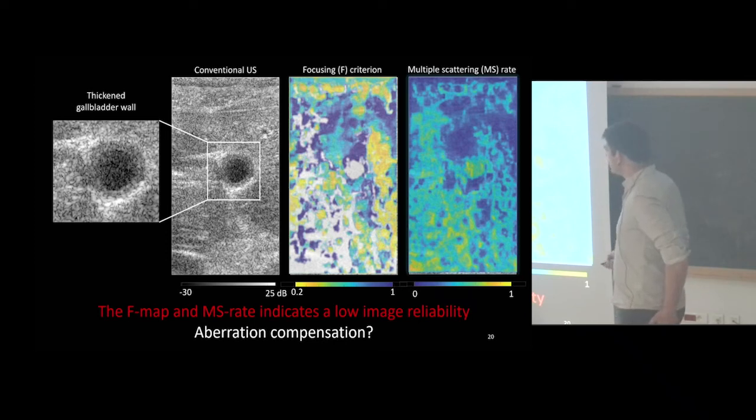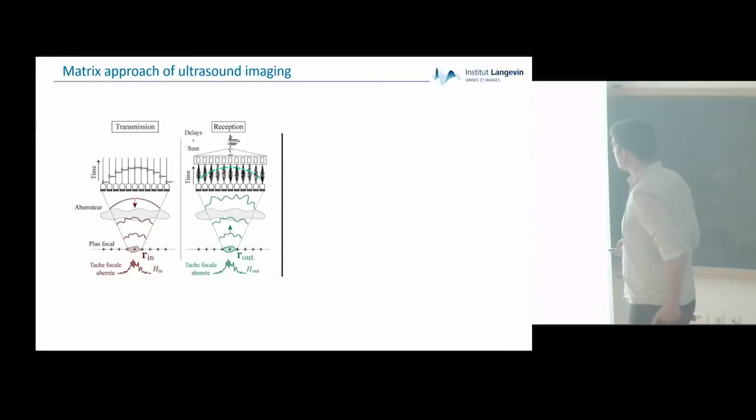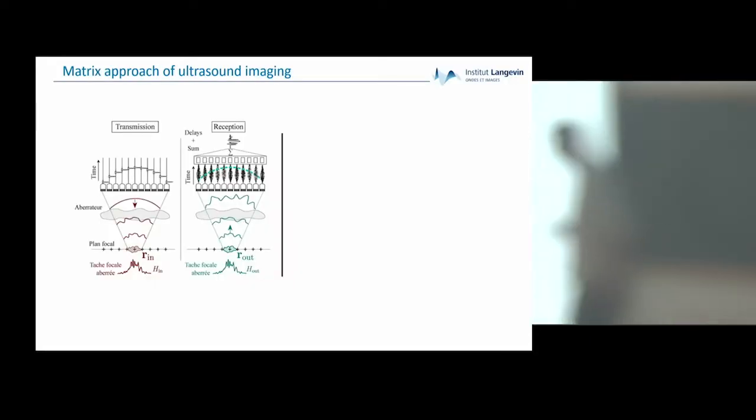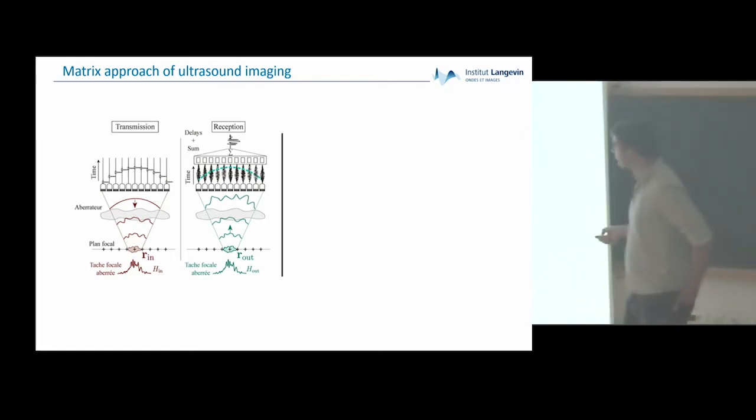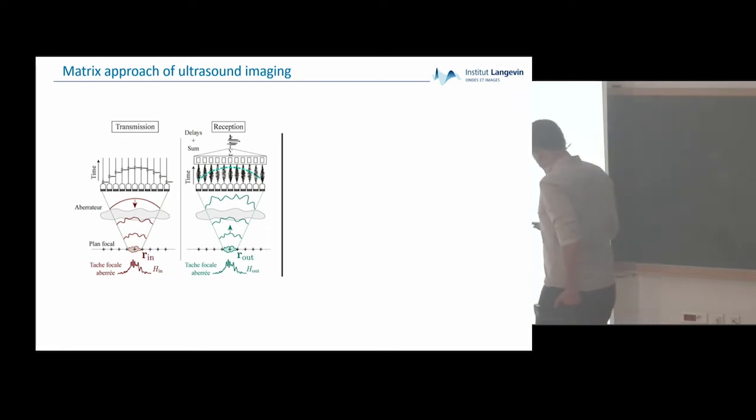But first, let's try to compensate for the aberrations inside this image. What people usually do in acoustics, or even in optics, in adaptive focusing techniques, is send a focused wave at a given point, and collect the wavefront coming from these points. If you build an image, apply time delays and so on, you have a very bad signal because your focal spots are very distorted by the aberrations.